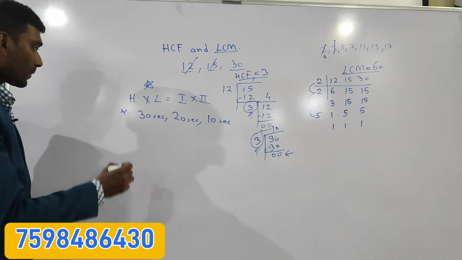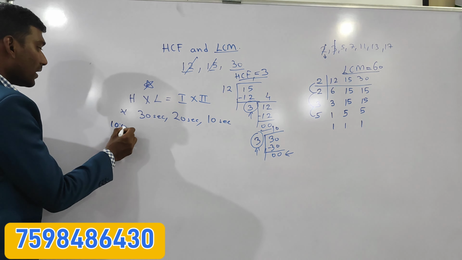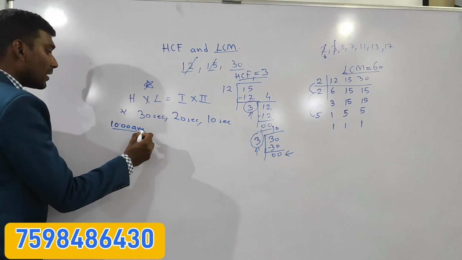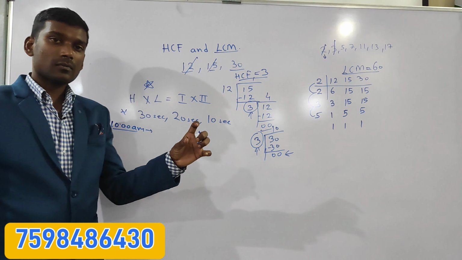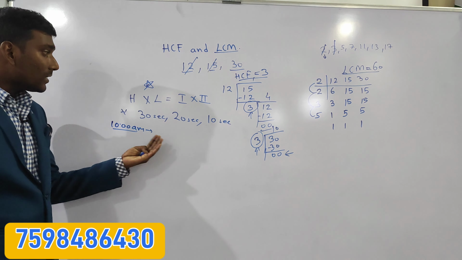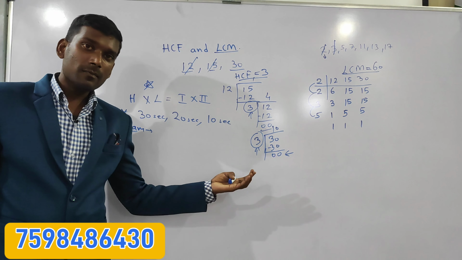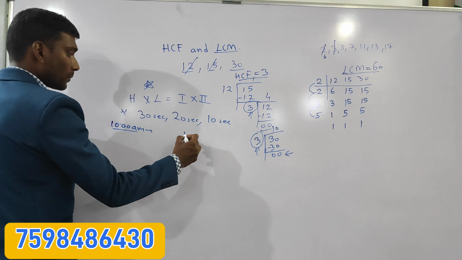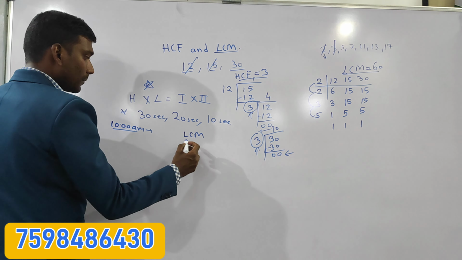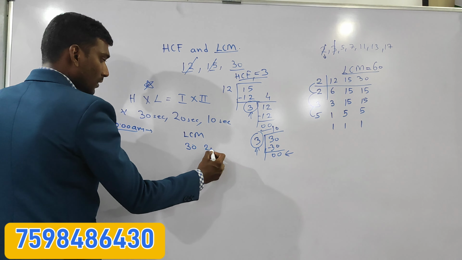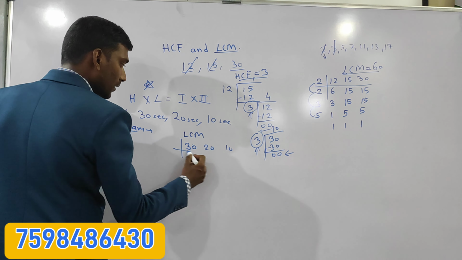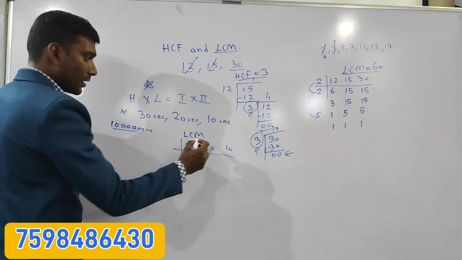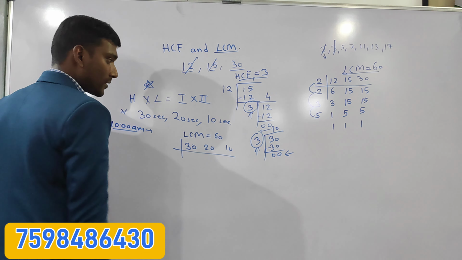Now the question is, at for example 10 a.m. all the signals were red in color. So find the immediate next time when all the signals will be red in color. So this is a particular kind of LCM question, with 30, 20 and 10. If you find the LCM of this, you will get the LCM as 60.